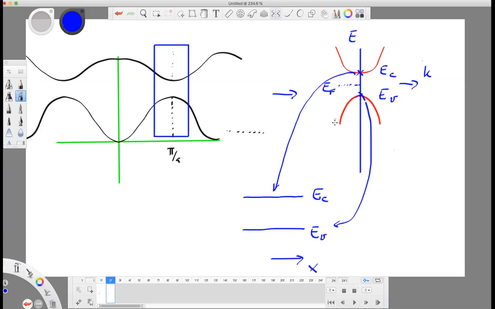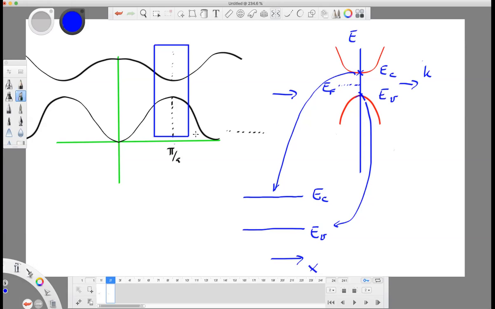When you bias your semiconductor, when you expose it to external electric and magnetic fields, everything is going to happen in the vicinity of the Fermi energy. So the next question after you have the dispersion relation is where the Fermi energy is, where the mobile electrons, the electrons that are going to be susceptible to external perturbations, are.